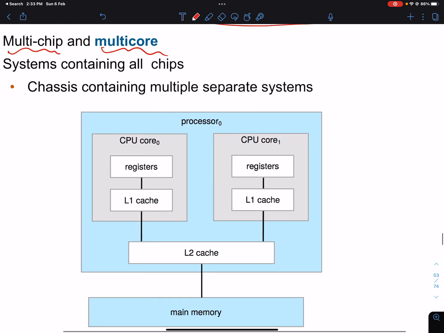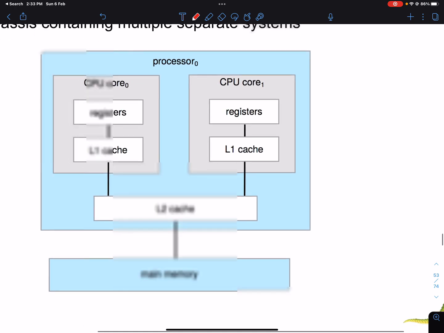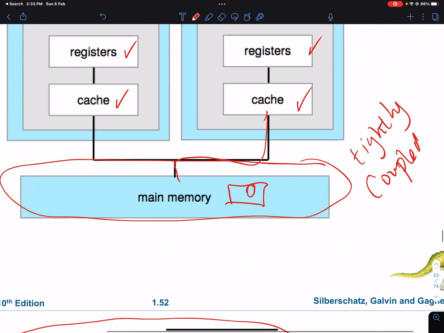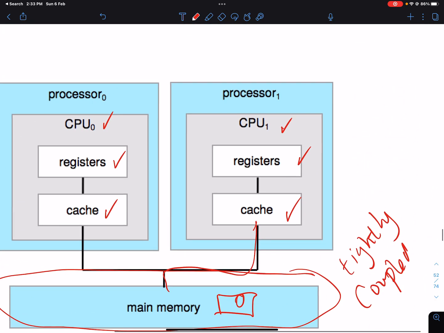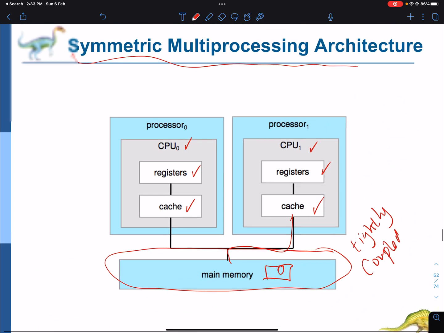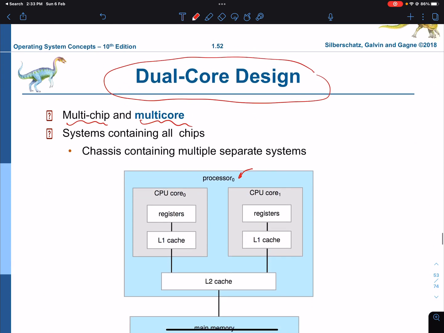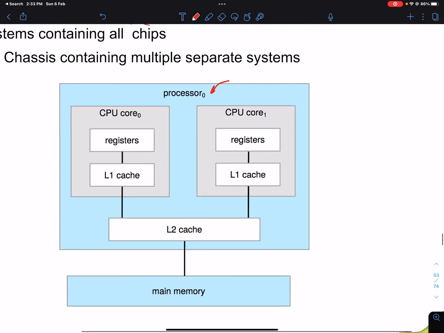Look at this. Here you have one processor. See the difference here? How many processors did we have in the symmetric multiprocessing? Processor 0, processor 1. Look here for the dual core, it's one processor. But how many CPUs does it have? 2. This CPU has its own registers and cache, and this CPU has its own registers and cache.